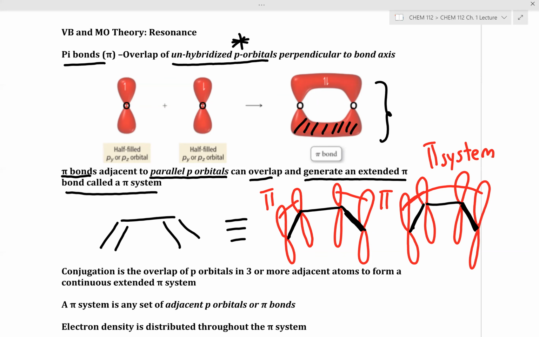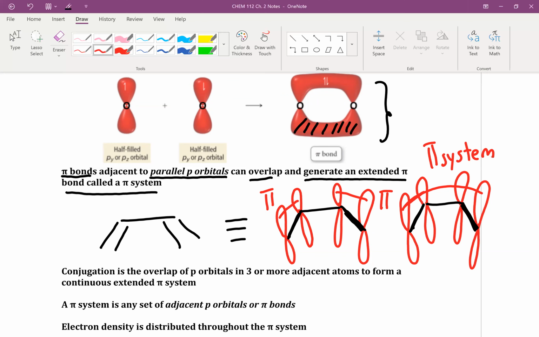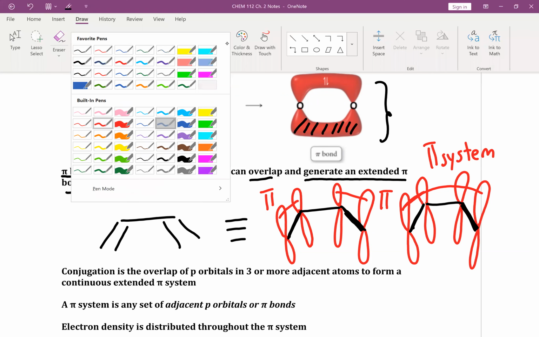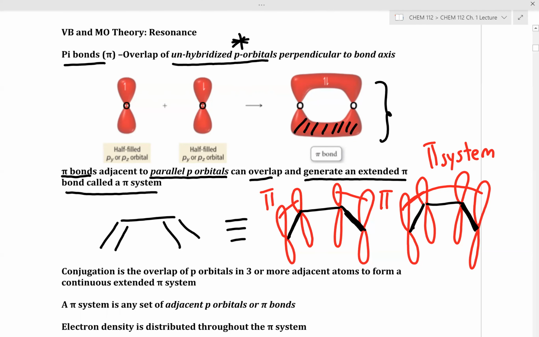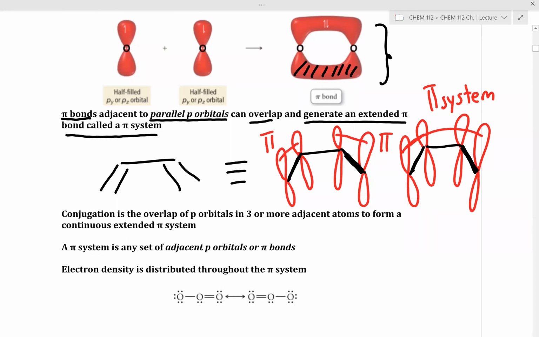So whenever you see a p orbital adjacent to a pi bond, you can form a conjugated pi system. Okay, we have a special word to describe this delocalization of electron density, and we call this process conjugation.